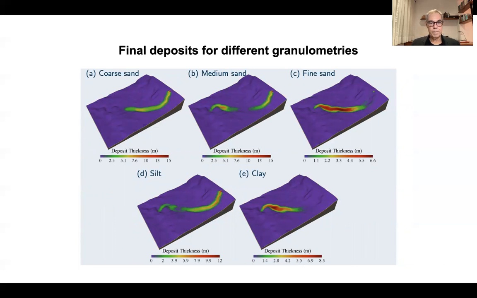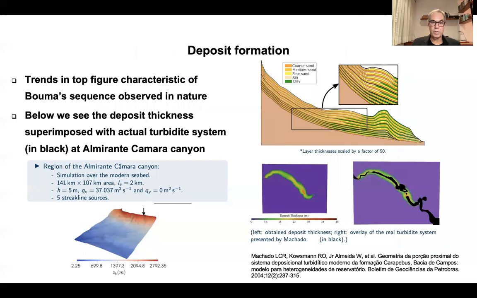In this picture, you see the final deposit for 5 different granular types of sediments: coarse sand, medium sand, fine sand, silt, and clay. And you can see the deposit thickness, with scales in meters, for all these granularities. And how this compares with real life.